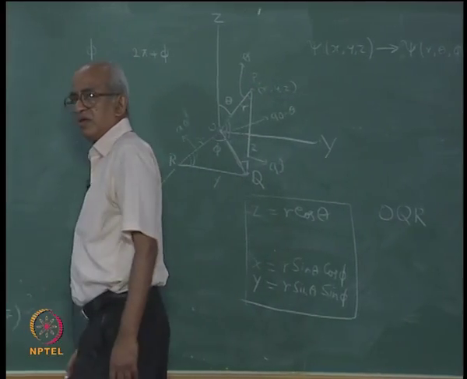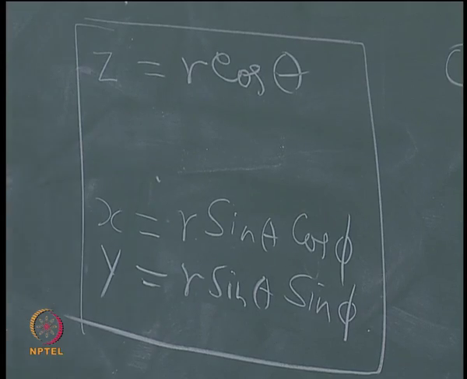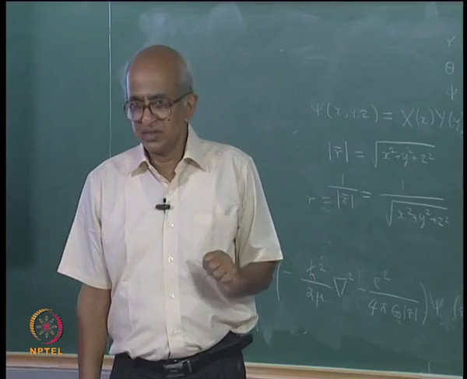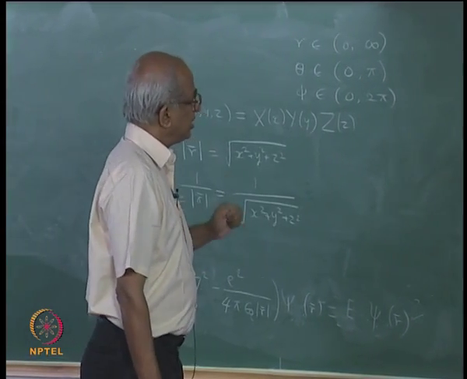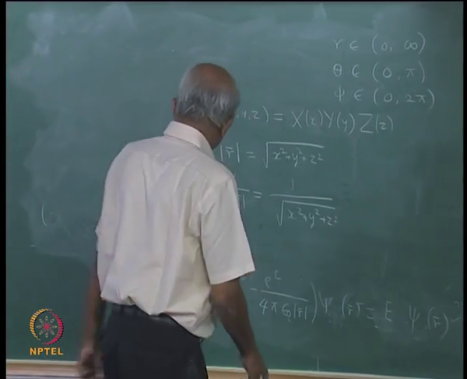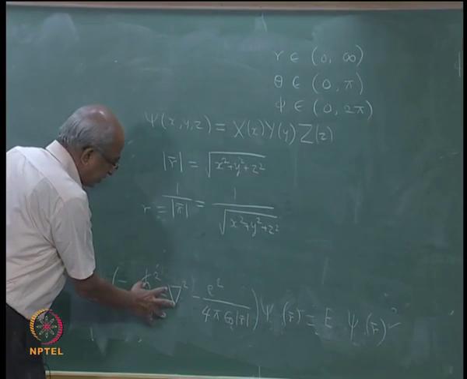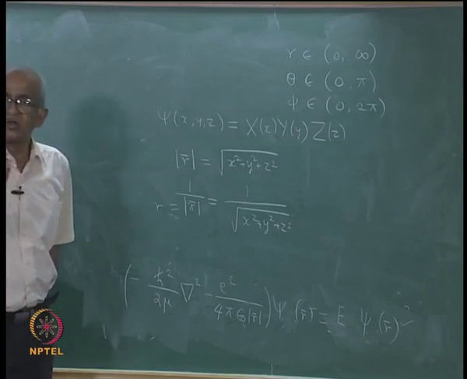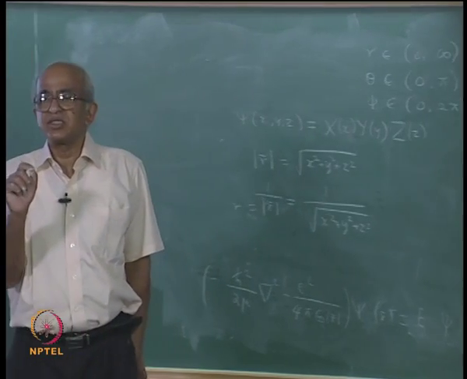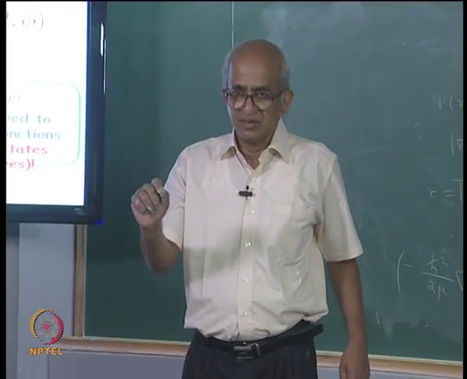correct. What is it that I want to do? I want to change from Cartesian coordinates to polar coordinates. Now, when you look at the equation that I want to solve, what is the equation? The equation is written here, H psi is equal to E psi, but when you look at this equation you would realize that there is del square there. What is del square? Del square involves partial differentiation with respect to x, y and z, right.